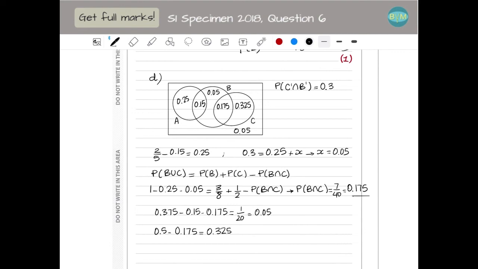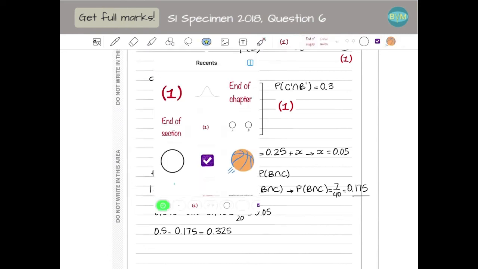Marks. So you have 1 mark every 2 numbers that you have correct. So you have 1 mark for doing the Venn diagram in the correct shape, disposition, even without the numbers yet. Then you have another mark for the 0.15 and 0.25, so for these 2 numbers here, you have another mark.